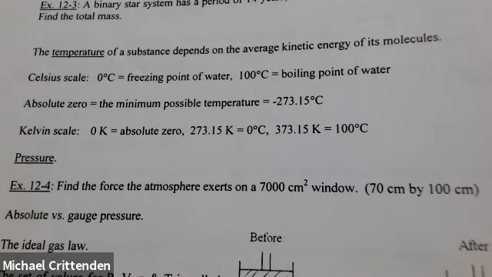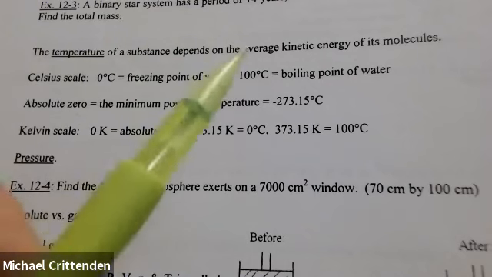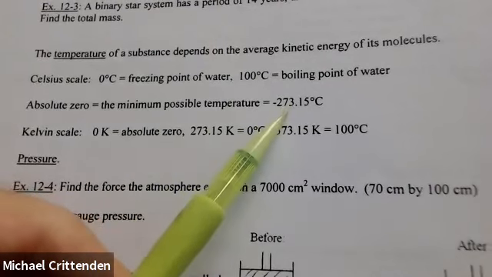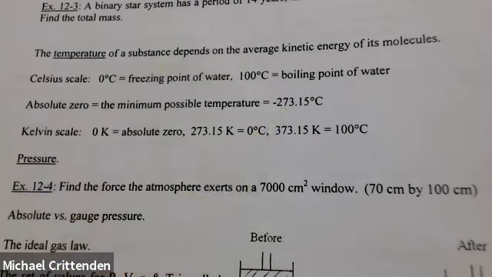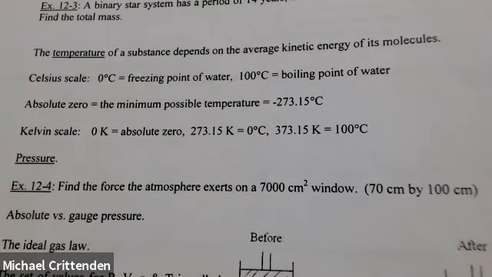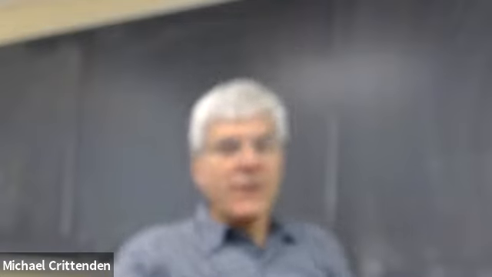Well, what if you were to draw out so much thermal energy that the gas molecules were just laying around on the floor at rest? You're not going to get them to go any slower than that, okay? There is no energy left to extract at that point, and that would occur at negative 273.15 degrees Celsius.